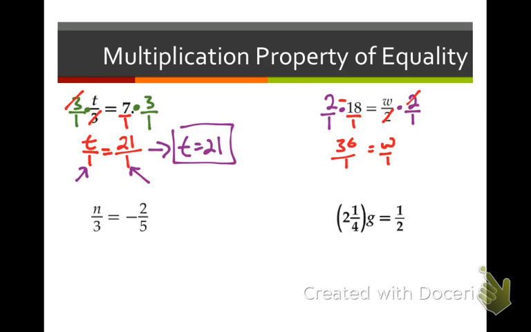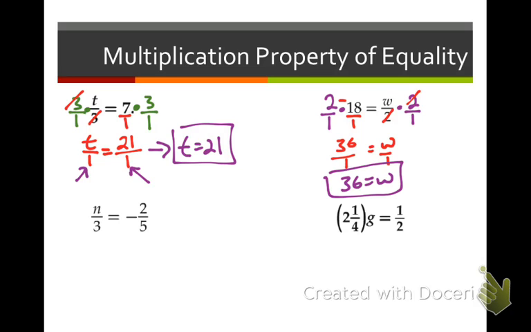Once again, when you divide by 1, it doesn't really change anything, so this really becomes just 36 equals w. And that's how you do that right there. Some of this might be familiar, and some of it might be kind of a refresher for some of you. Okay, let's do the one here at the bottom left, I'm sorry.